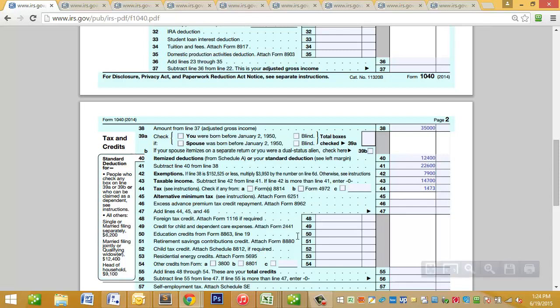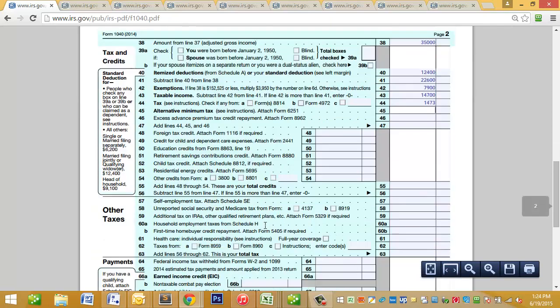We're not going to cover every line on the tax return because this is really just trying to show you how this thing works. So at the bottom line here, these are credits. If you had a job where you had a W-2 that got put against your tax, you would be able to put that in here. But in our case, we're just going to say that 1473 was your tax.